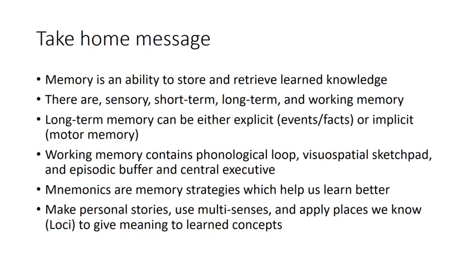Working memory contains the phonological loop, visual spatial sketchpad, episodic buffer, and central executive. Mnemonics are memory strategies which help us learn better. You can make personal stories, use multi-senses, and apply places you know to give meaning to learned concepts, to improve your learning and memory.